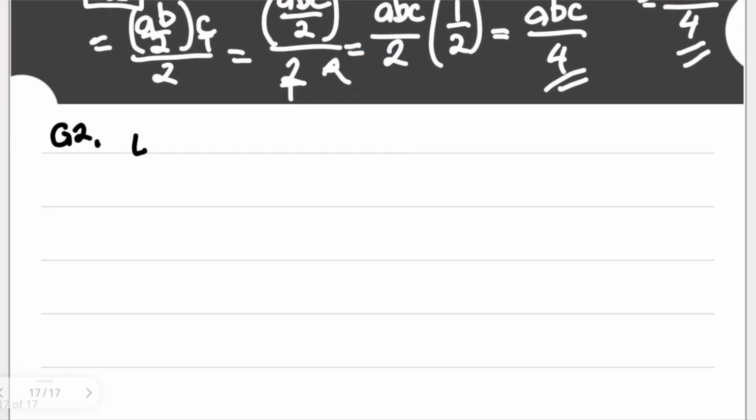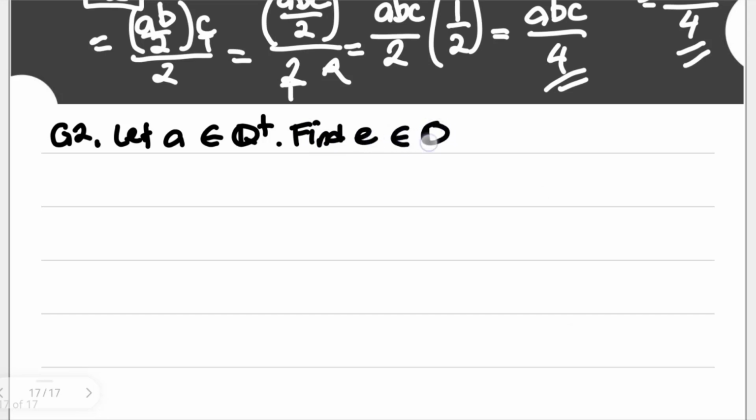Let any a be an element of Q plus. We are going to find a certain e, which is also an element of Q plus, such that we could satisfy this equation: a star e is equal to e star a is just a itself.